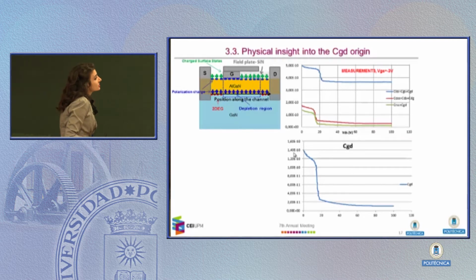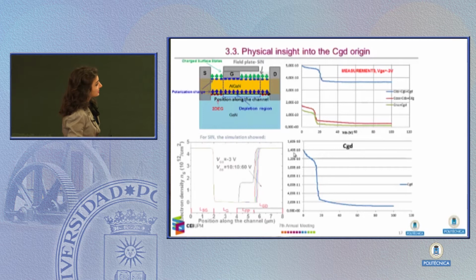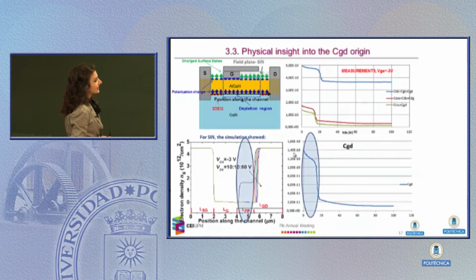And again, Ashu's simulations helped us, because when he simulated the electron density dependence on the position in the channel when the transistor is off, for a gate voltage equal to -3 volts, we were finally able to clearly distinguish two regions of the capacitance.